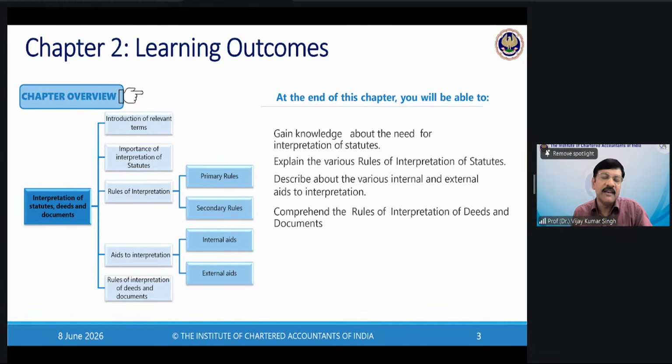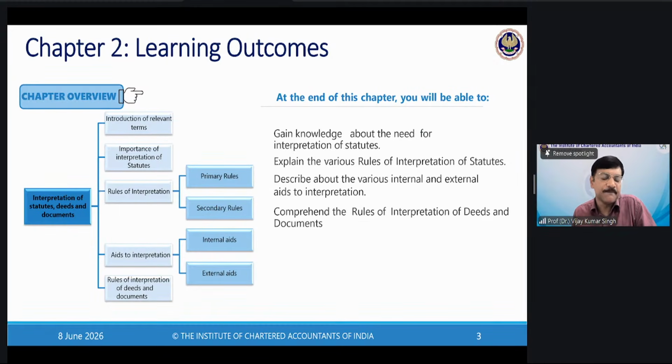Either it is a gift deed, will, or any kind of deed for taxation purposes, for incidence of taxes, for different other purposes from the accounting angle, because all these different instruments are dealt with by the accounting standards in a different way, and hence you need to interpret whether there is a mortgage deed, and if it is a mortgage, then what kind of mortgage it is, usufructuary mortgage or maybe other kinds of mortgage. So this is something you have to keep in mind when you are interpreting deeds and documents. These are the four major points which we are going to cover.